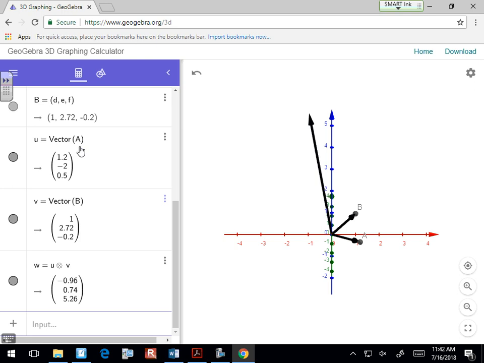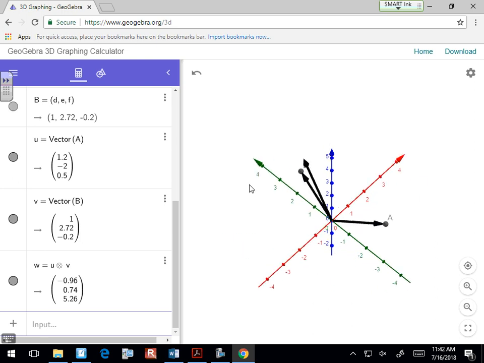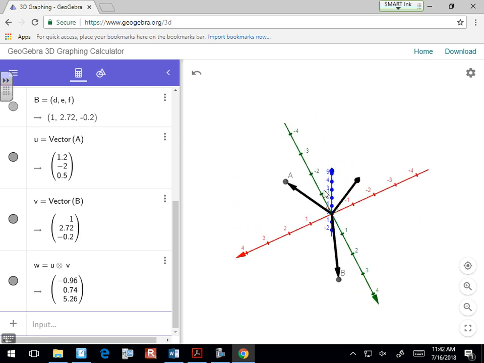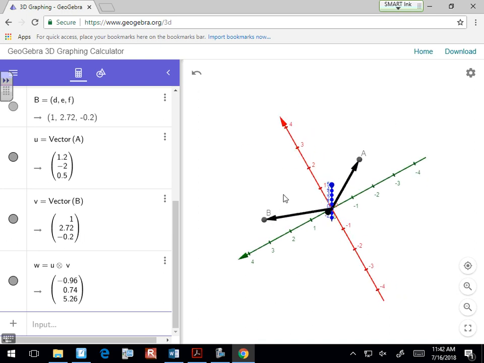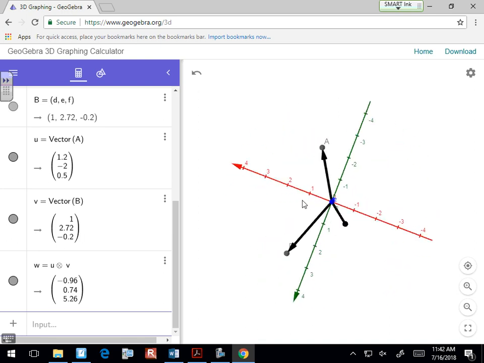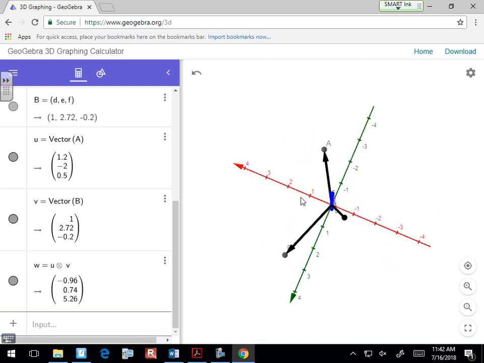So that's telling me that my vector should be shooting out in the positive direction. Although this is not really going to be a good representation because it's a perspective drawing, I can tweak it so that it looks like it's coming out of the paper. So your thumb is coming out of the paper, and that's the direction the vector should go.